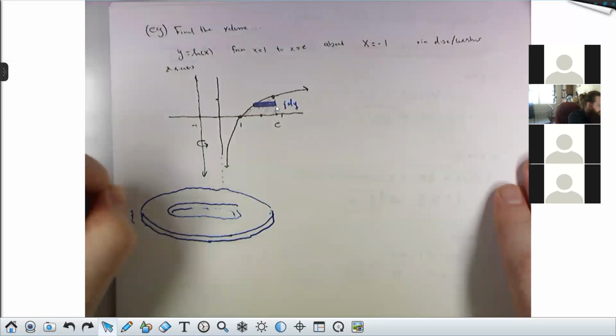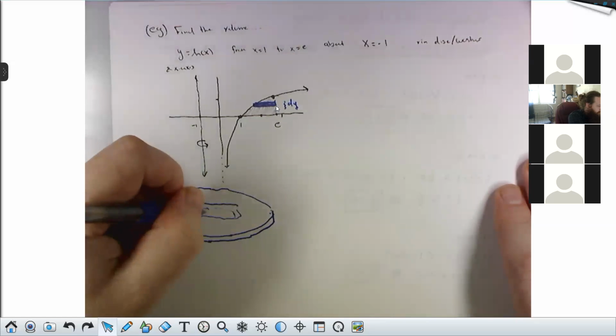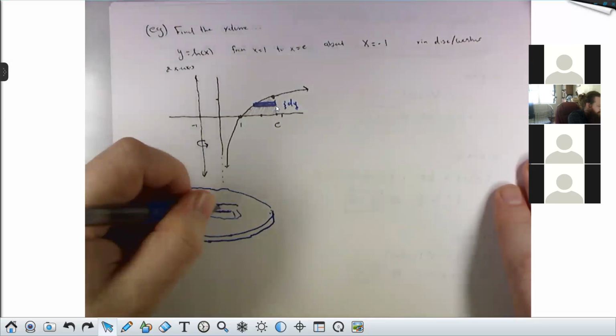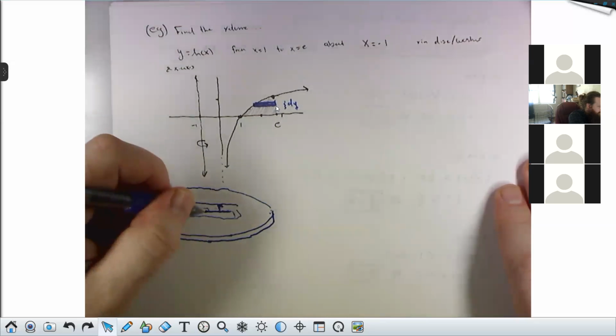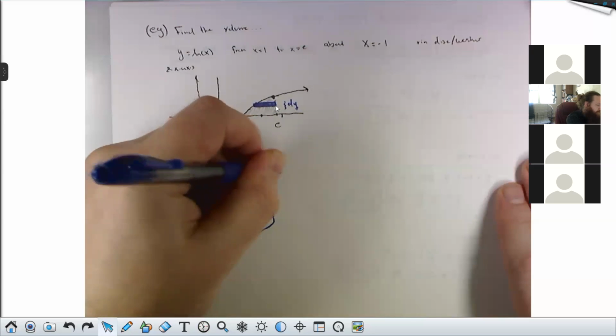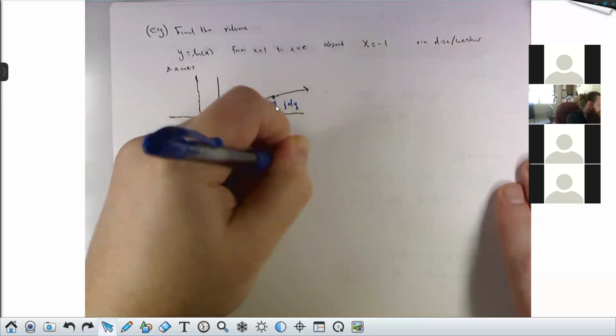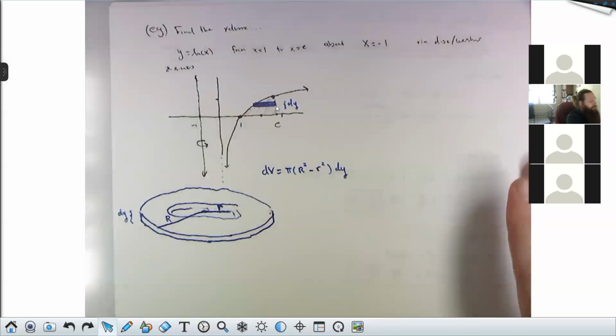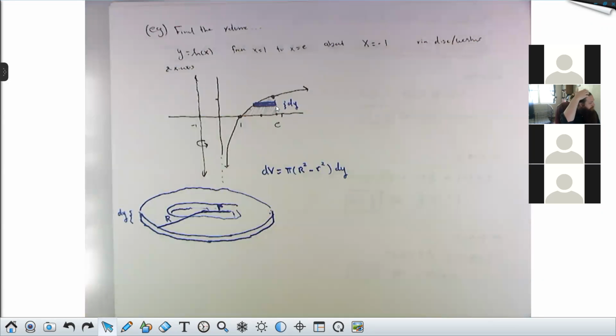The thickness is dy, and it has an inner radius, which I'll call little r, and an outer radius, which I'll call big R. dV, the volume of this little washer, is pi times the outer radius squared minus the inner radius squared times dy. So I need to know what is big R and what is little r, and I need them as functions of y.